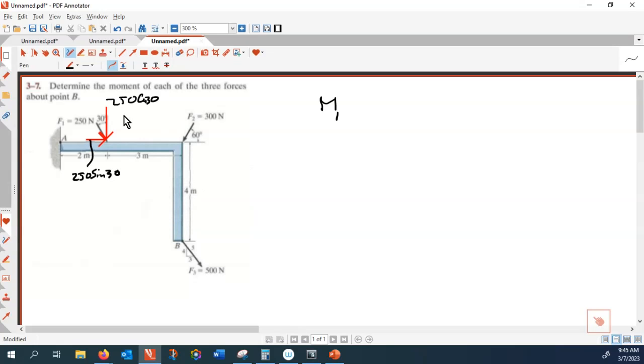This way, I draw the line of action for the vertical, and then the shortest distance between that line and point B. What is the shortest distance? 3 meters. So everyone can see that. And it is going to rotate my frame. This time I put the tack pin at point B, so my frame is only hanging to the wall through point B. Does this force rotate my frame clockwise or counterclockwise?